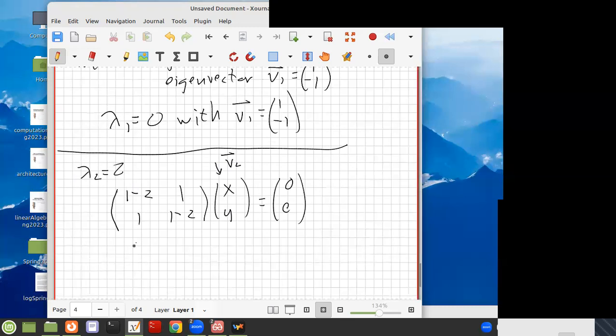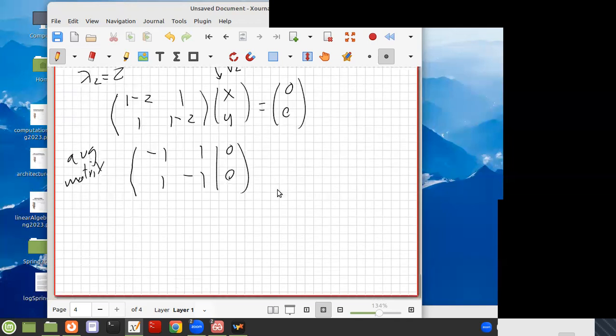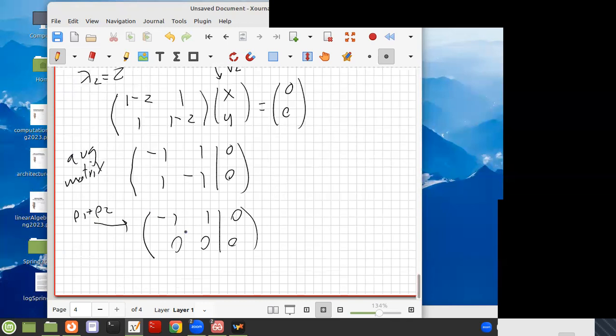That has the augmented matrix minus 1, 1, 1, minus 1, 0, 0. Again, we do the row operation row 1 plus row 2 to get minus 1, 1, 0, 0, 0, 0 in echelon form.